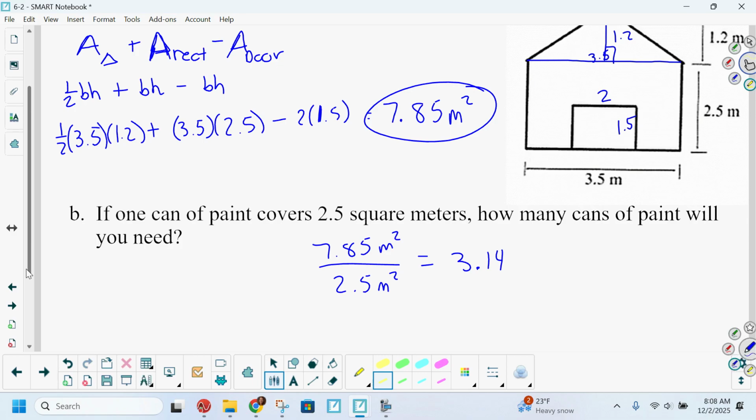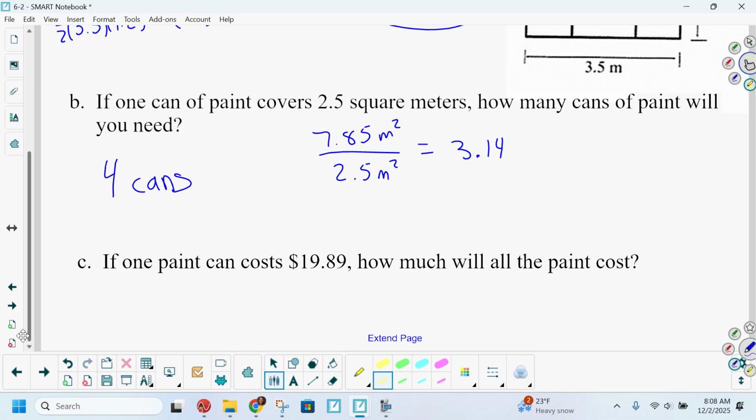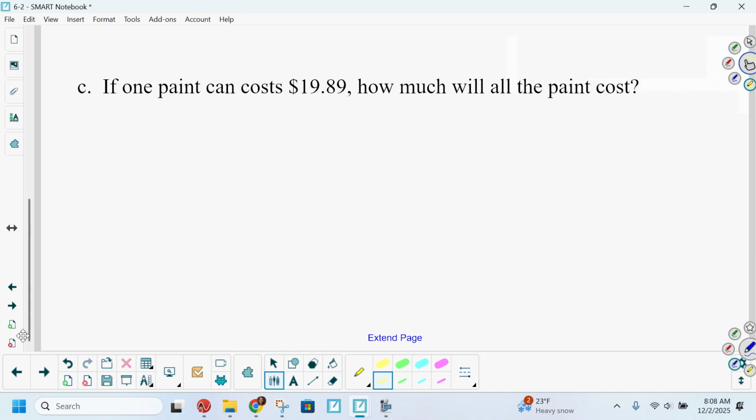We're already over 3 cans, so we have to go up to 4 cans. If one paint can cost $19.89, how much will all the paint cost? Well, I need 4 of them, so $19.89 times 4 gives me $79.56 for my paint.